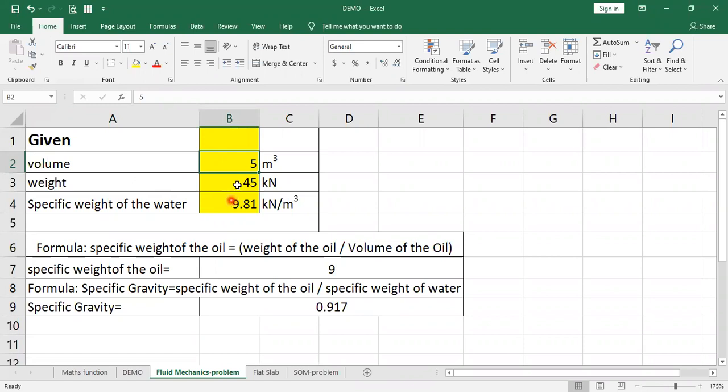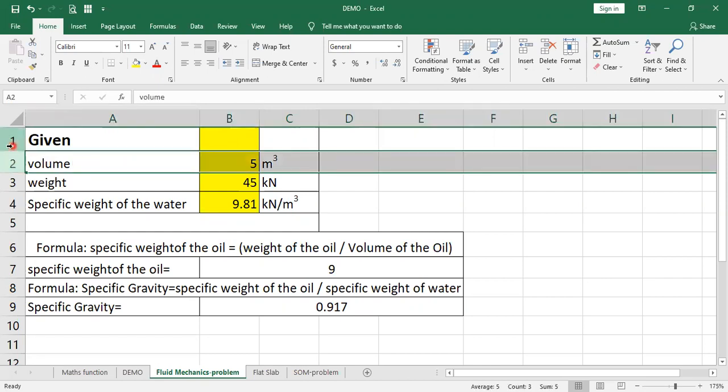Weight is mentioned in the second column, that is 45, and the specific weight of water, that is 9.81. Now look at the third column. In the third column, I have marked the units. To differentiate again, I want a row in between rows 1 and 2.